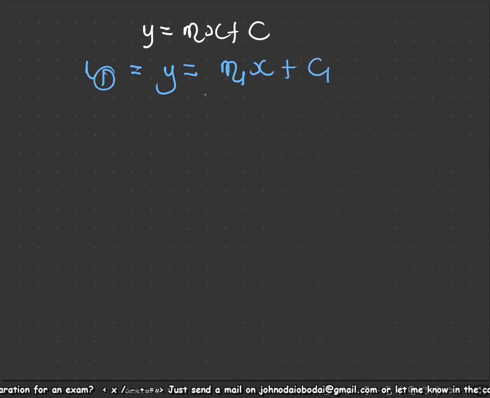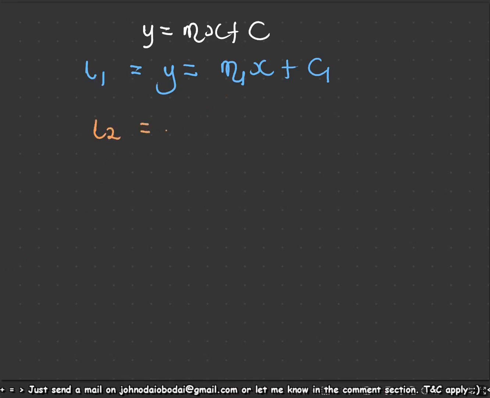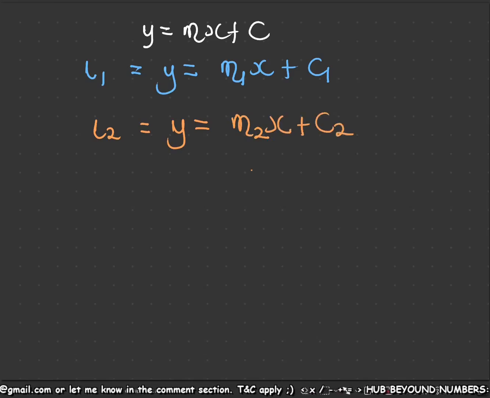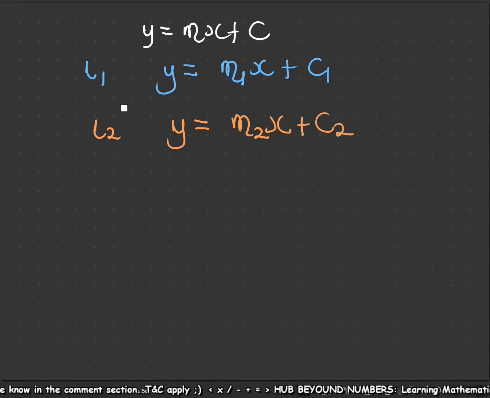Because I'm using line 1, that's why I'm using this subscript over here. Then for the second line, I'll call it line 2, I would say y = m2x + c2. You get it?